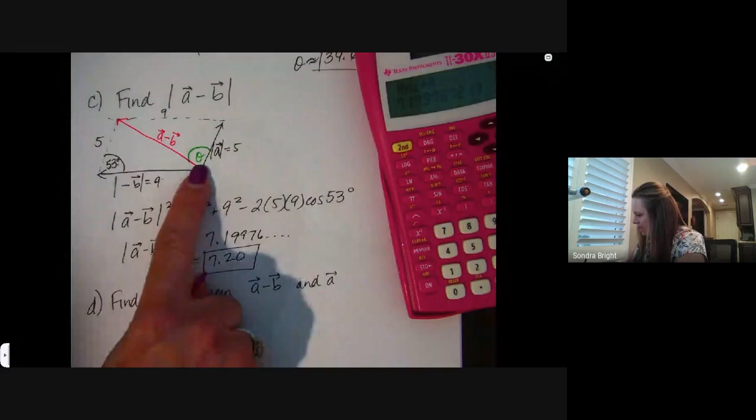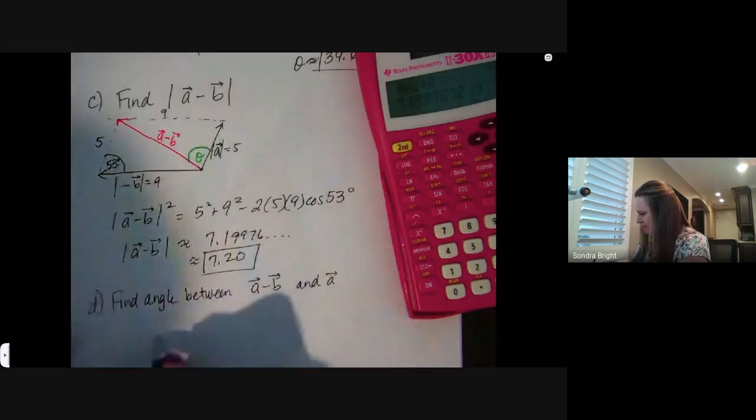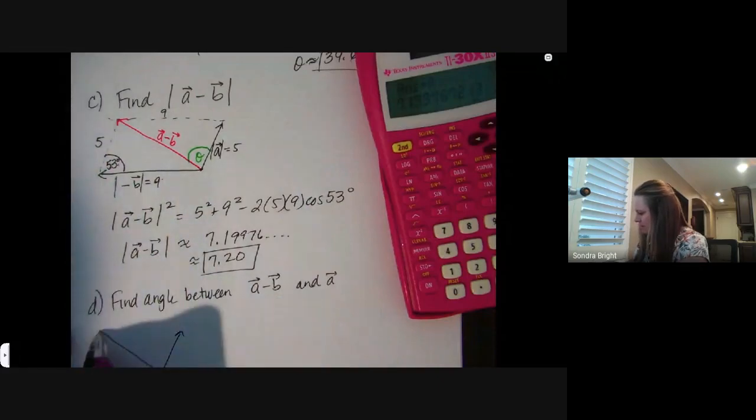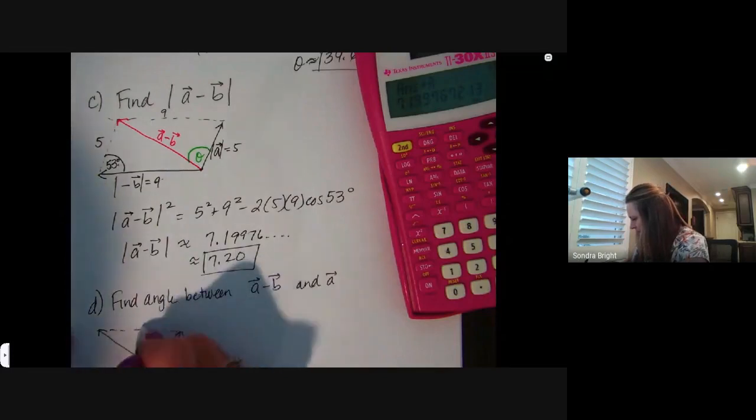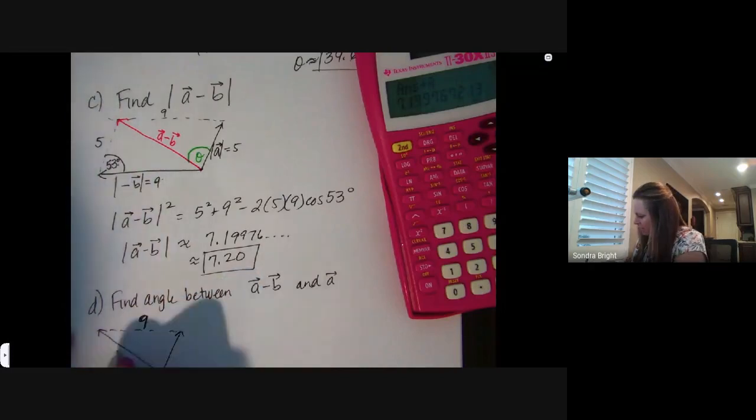So now I only need that, and that. Where this is a 9, 9. And this is A minus B, which we just found. And I want theta, and this is 5.